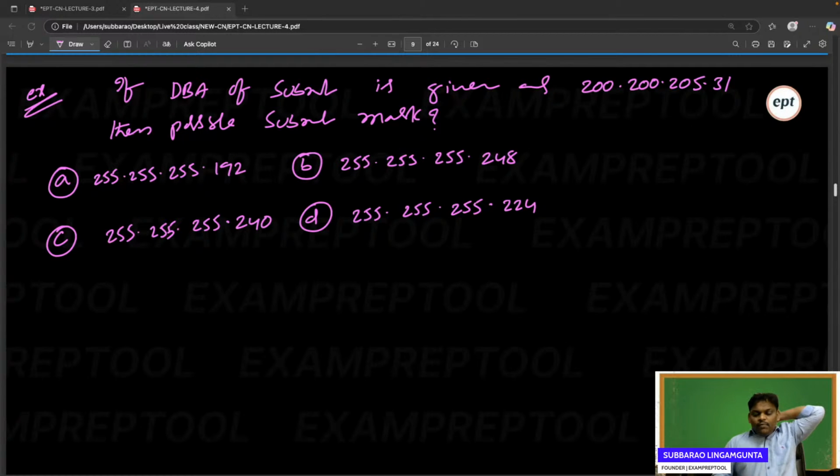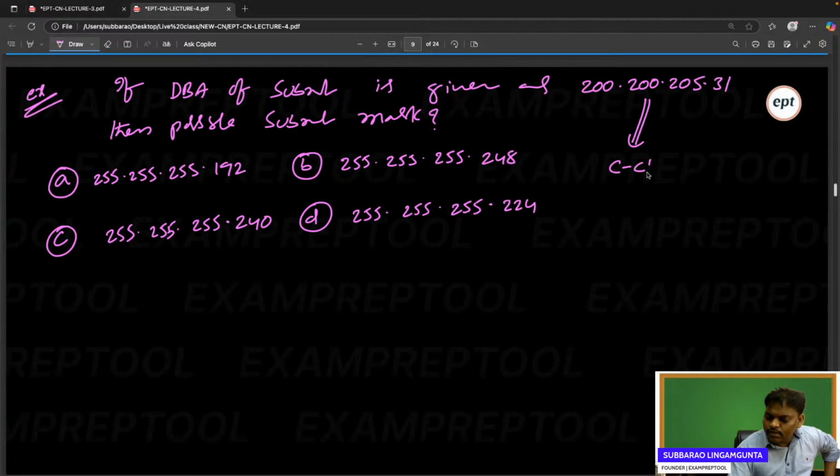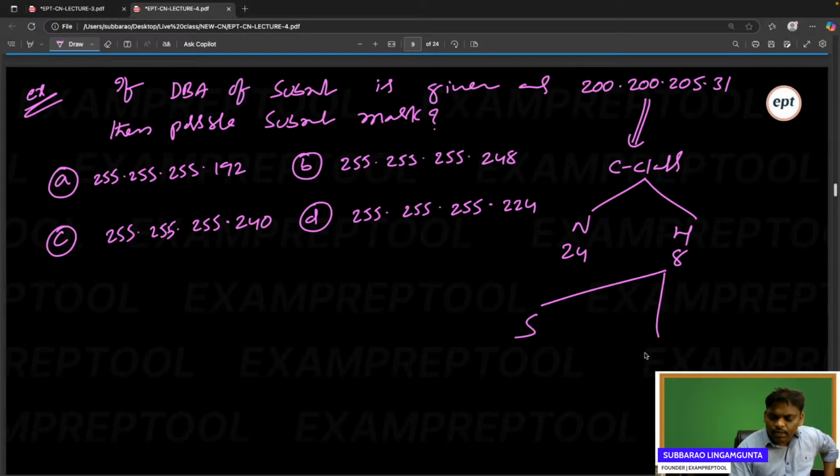If the IP address of the subnet is given as 200.200.205.31, then the possible subnet mask is, again, the same story. This belongs to class C, which is going to be network and host. Network is 24 bits, host is 8 bits. Because of subnetting, two parts, subnet and host.